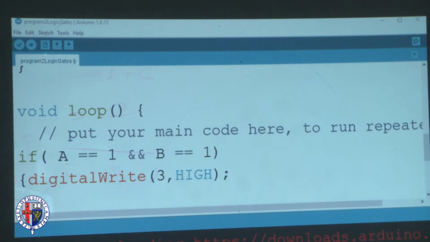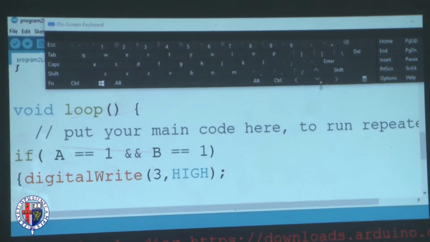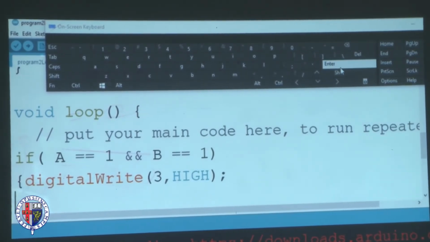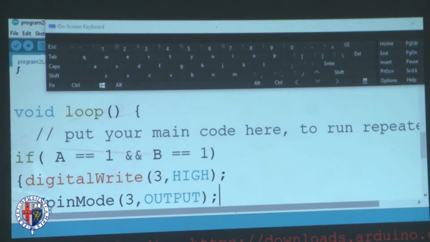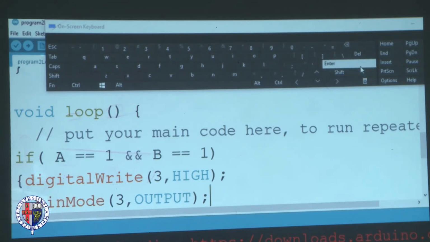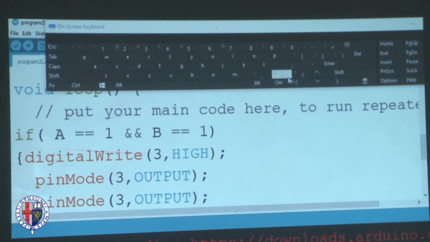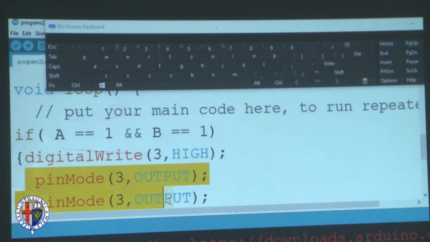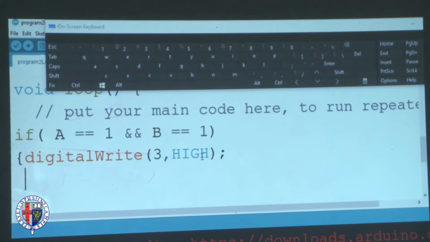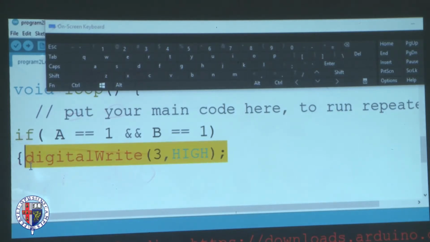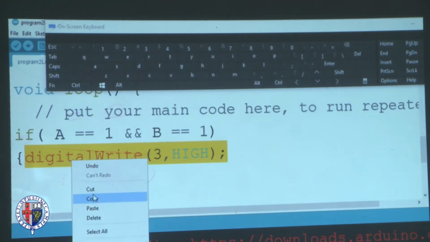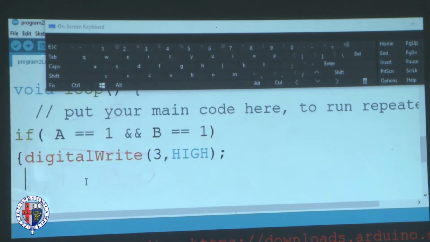If you're interested in the programming part as well, it's not too bad to learn. Alright, so I need 8 digital writes.